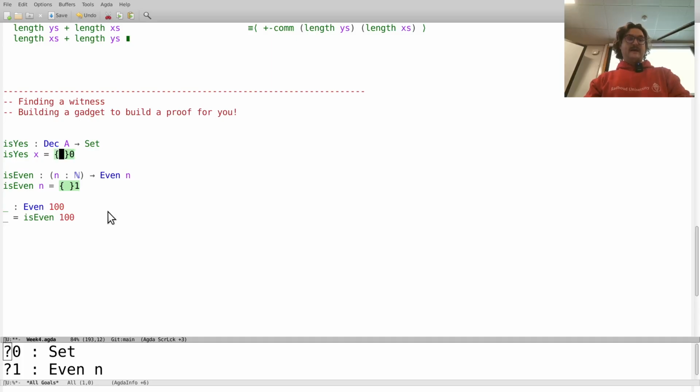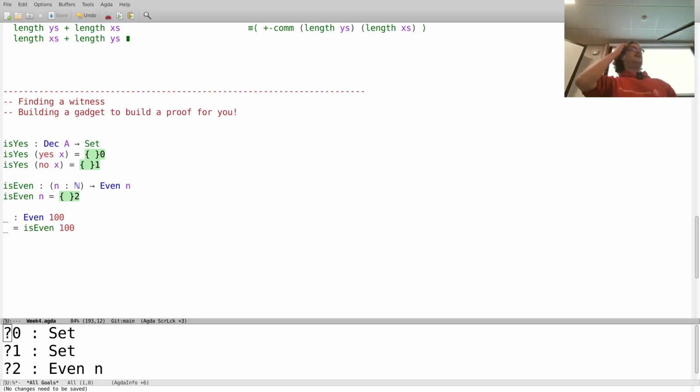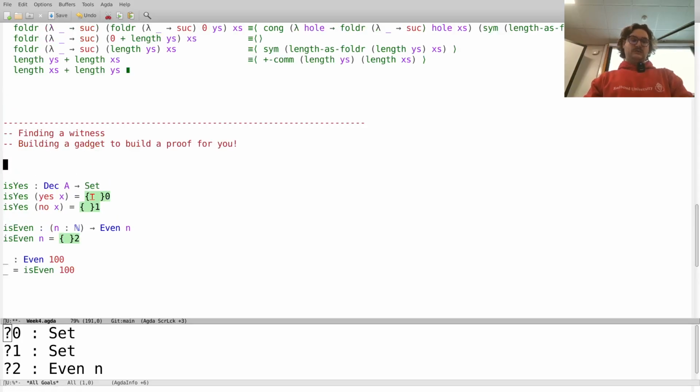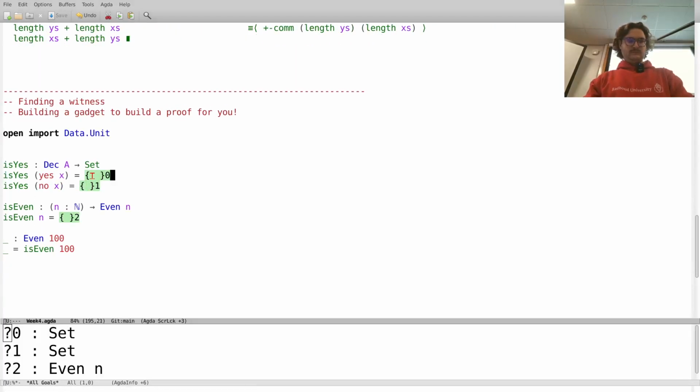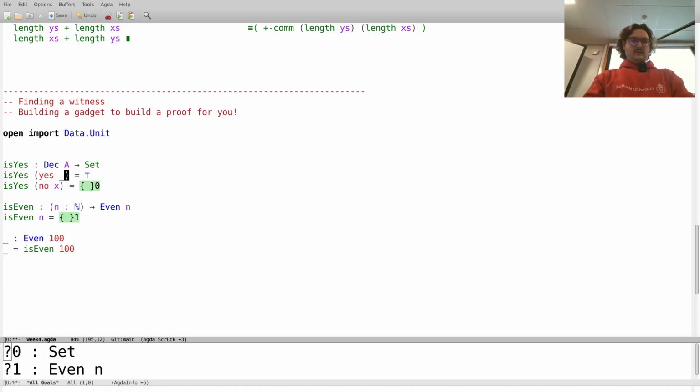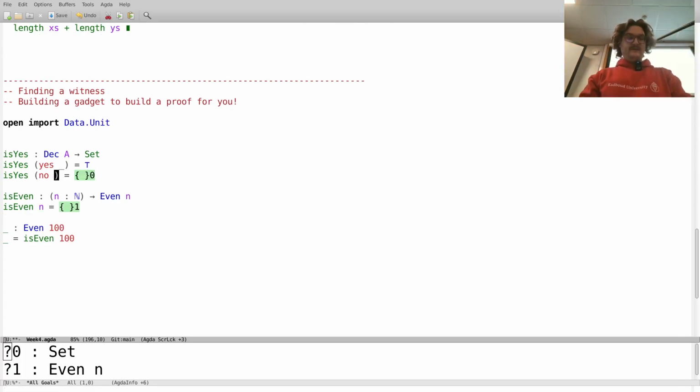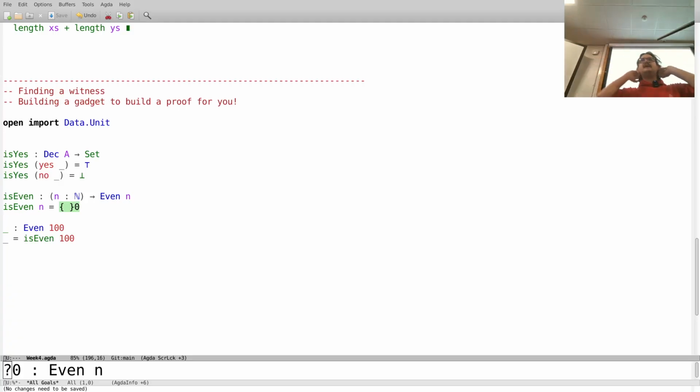We can inspect the decision, and if it's yes, then it is true. If it's telling us no, then we say that it's just impossible. It is not the case that is yes holds, because the decision said no in the first place.